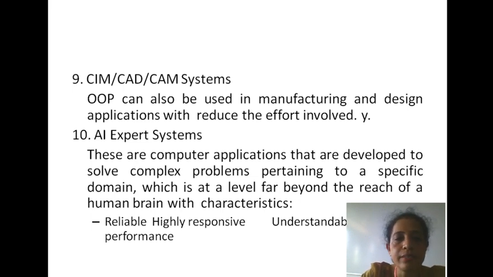And to create different AI expert systems, we can use object-oriented programming, where we get properties like reliability with a high response, easy understandability, and greater performance. So these are the applications of object-oriented programming.